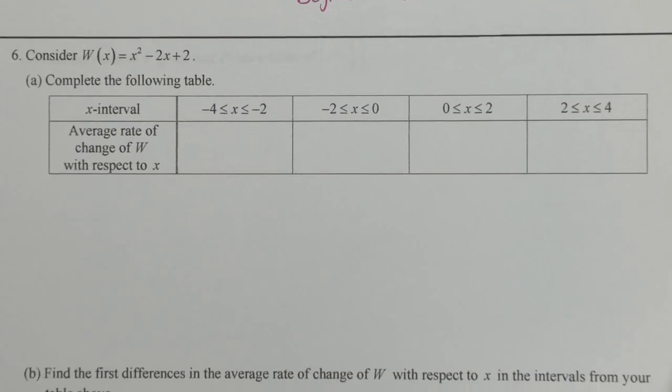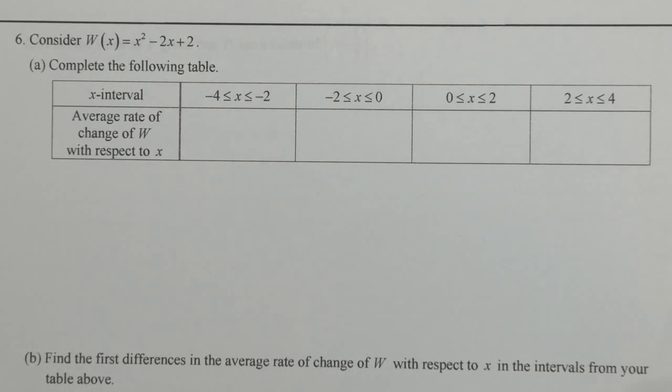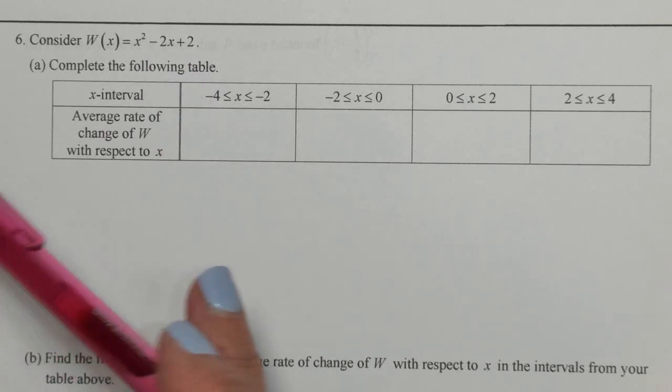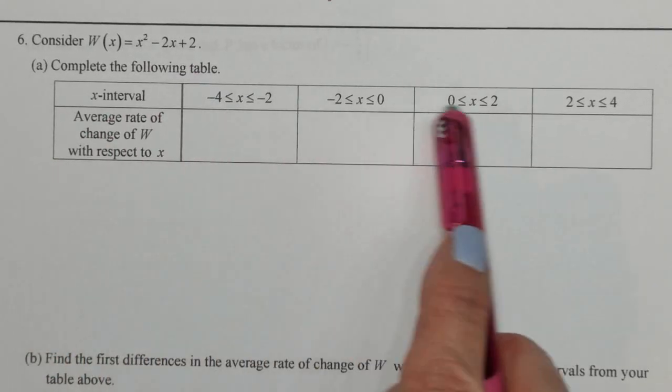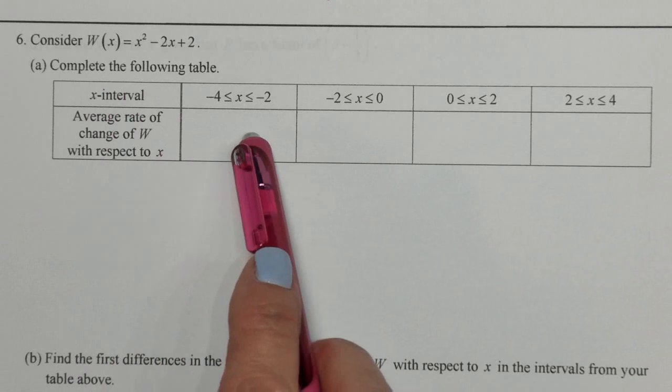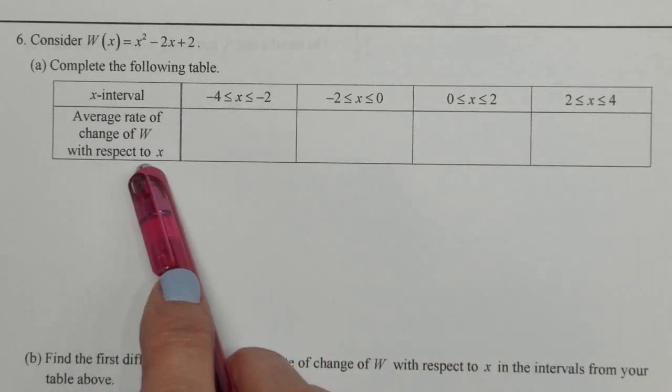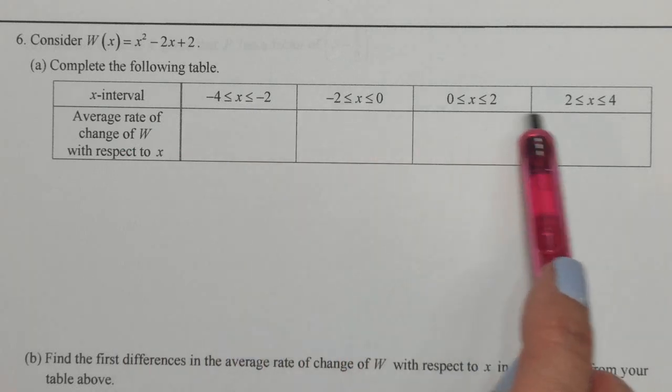All right, let's consider the following function for W. I'm giving you this table, and I'm asking you to complete it. So fill in these spaces. What is the average rate of change of W with respect to X in each of these intervals?